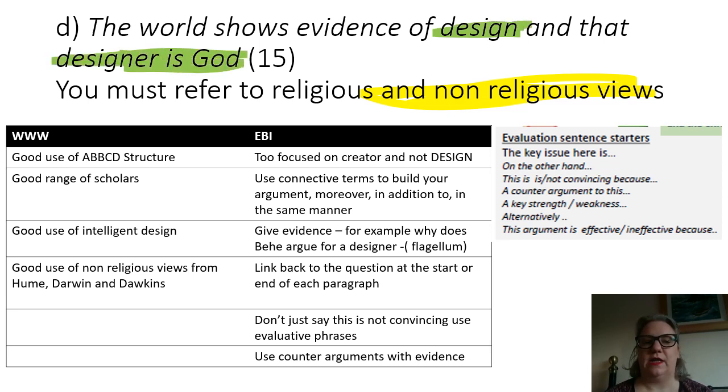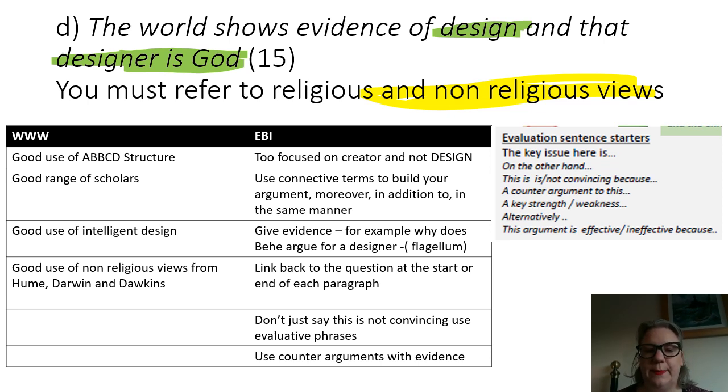Perhaps designer is God. If you spent the whole question saying the world shows evidence of a creator, I couldn't credit that, because you're not answering the question. That is why those linking sentences at the beginning or end of a paragraph, where you echo the words in the statement, are so important.